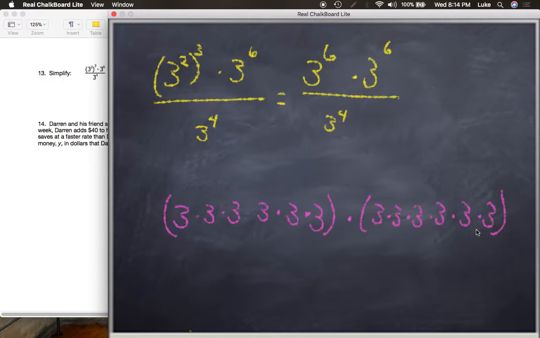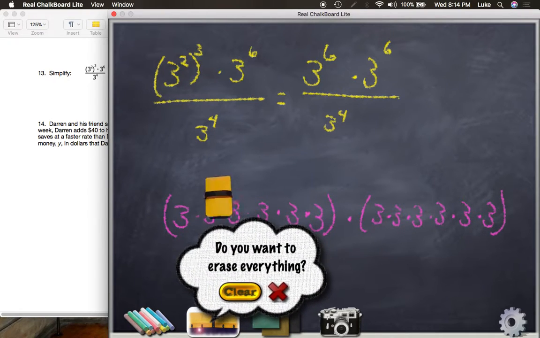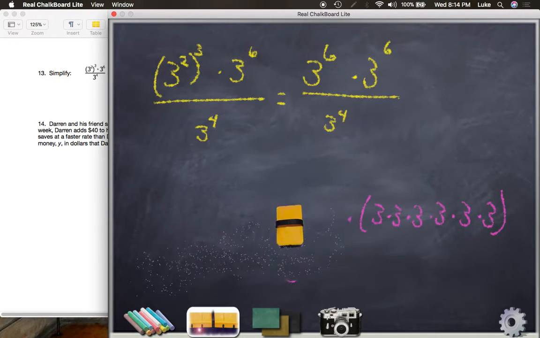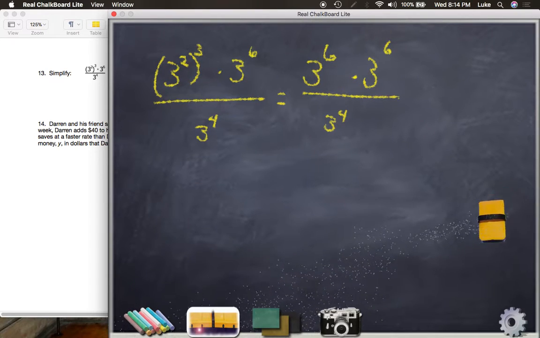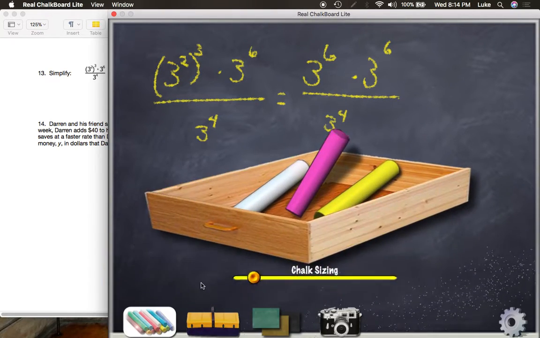There's no change in an operation. So we just count how many 3's we've got. We've got 6 3's here. We've got 6 3's here. So that is the same as saying 3 to the 12th power, or 6 plus 6. All right, so that's why the additive property of exponents gets used. When we multiply base numbers, we add exponents.